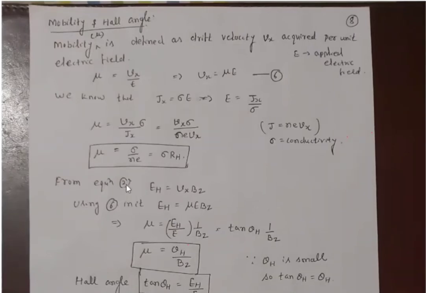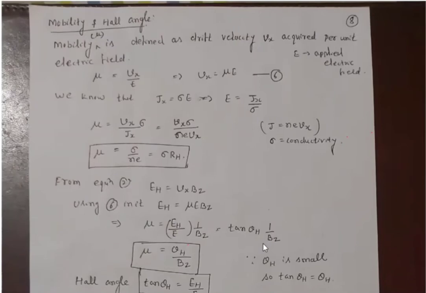Now from equation 2, we know that EH equal to Vx Bz. So using equation 6 in it, EH equal to mu E Bz. So mu equal to EH upon E into 1 upon Bz. This factor EH upon E is known as the Hall angle, and it is represented by tan theta h, into 1 by Bz.